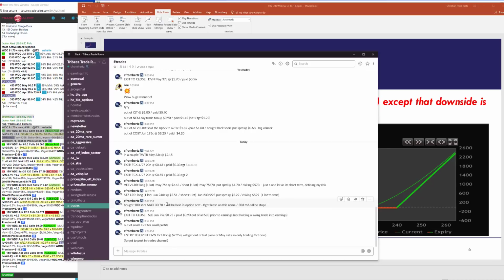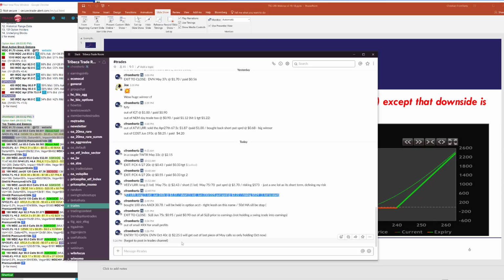So the question I used to get all the time was, well, if my max loss in the limited risk reversal is going to be 560, or my max loss just buying the call is going to be 250, then why don't I just buy the call? Why should I be going to limited risk reversal instead when I still am buying the same call, right?